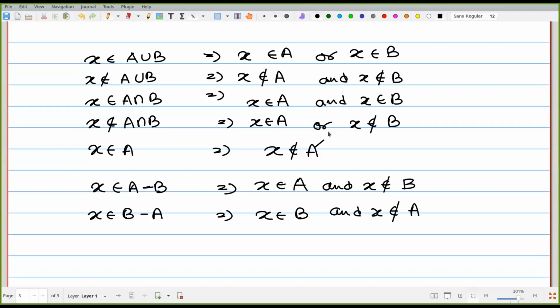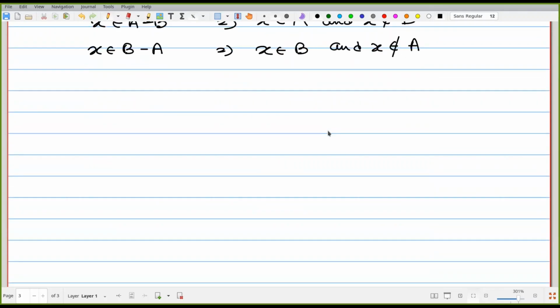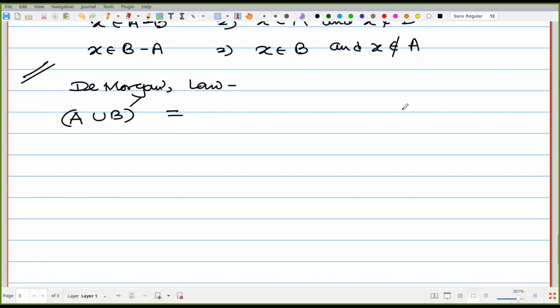So let's check with the identities, whatever we have found. Suppose the very first one, De Morgan's law. De Morgan's laws: already we have, that is A union B, its complement, that one is equal to, we have to prove, A complement intersection B complement.